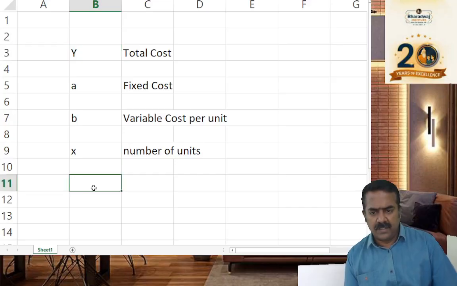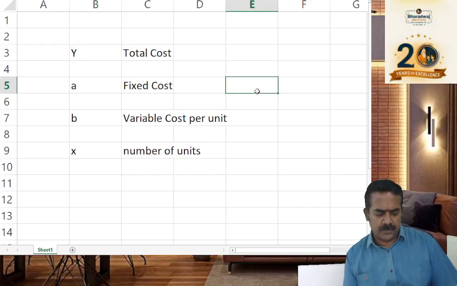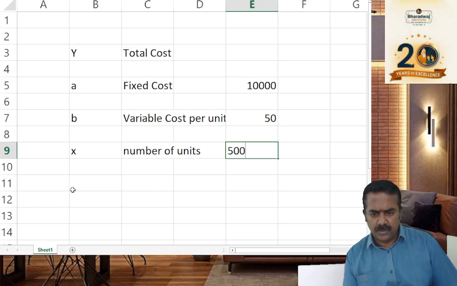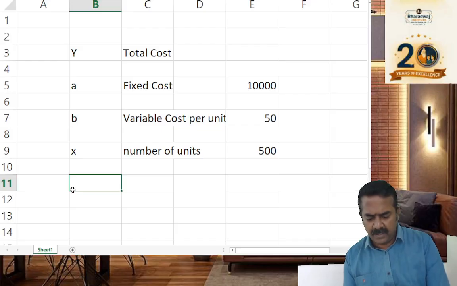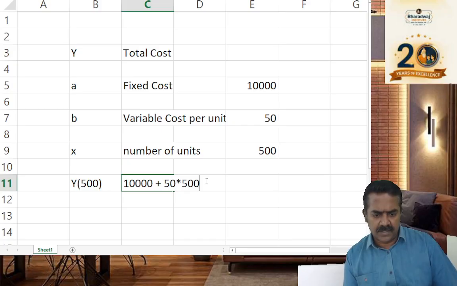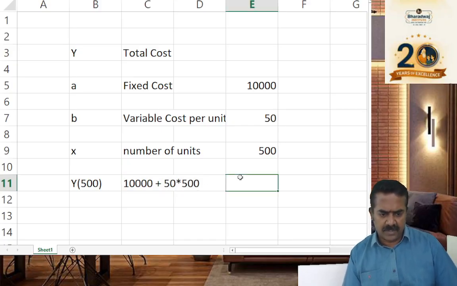Suppose fixed cost is 10,000, variable cost is $50, and the number of units is 500. So Y for 500 will be A plus BX, 10,000 plus 50 into 500. It will give us how much? 35,000.